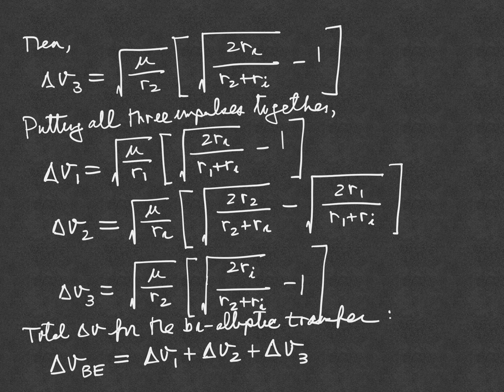And now, in a manner similar to what we had done previously for the Hohmann transfer, we're going to obtain a different expression for this total delta V by normalizing by the square root of mu over R1 and also by introducing ratios into the problem. So now define the following quantities.